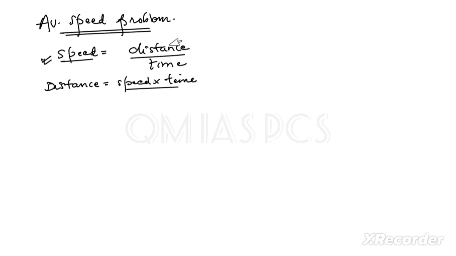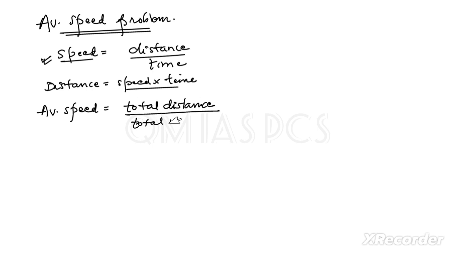So here we have to work with this formula, speed is equal to distance by time. Similarly, we can write average speed is equal to what? Average speed is equal to total distance divided by total time. Okay, total distance divided by total time.